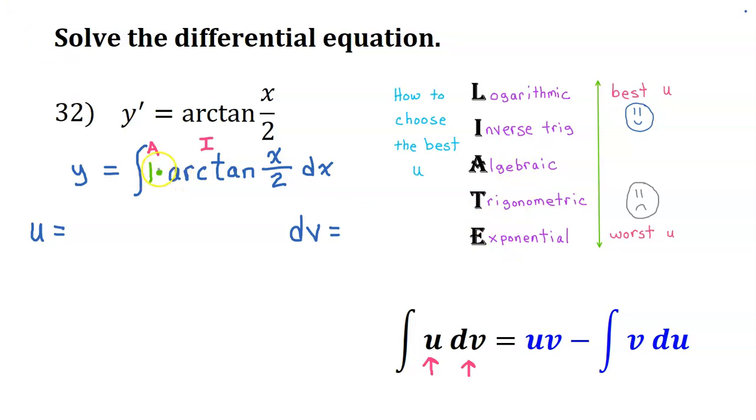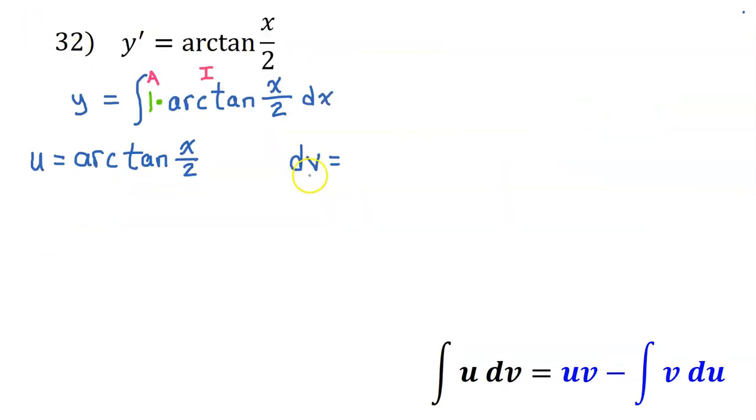The number 1 is the most basic algebraic factor, and of course arctangent is an inverse trig factor. Inverse trig is a better u than algebraic, so let's let u equal arctangent x over 2. That means dv must equal 1 dx.